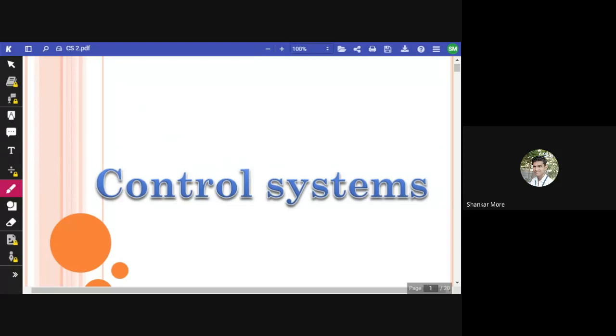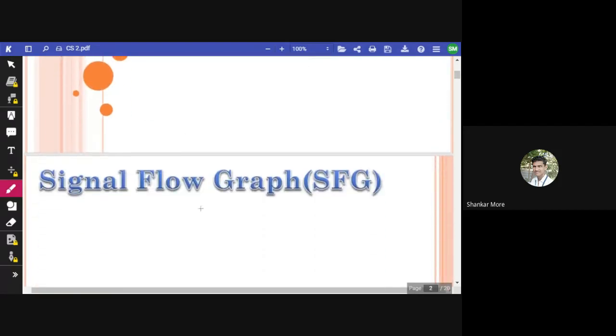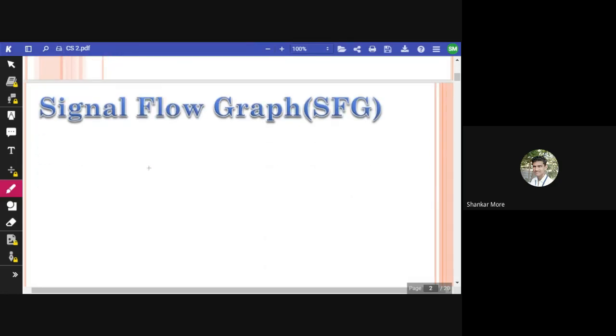The third method we are going to learn today is SFG, or signal flow graph. In a signal flow graph, we reduce the block diagram into a graph, and with the help of certain formulas or theorems, we find out the transfer function or the gain of the control system.